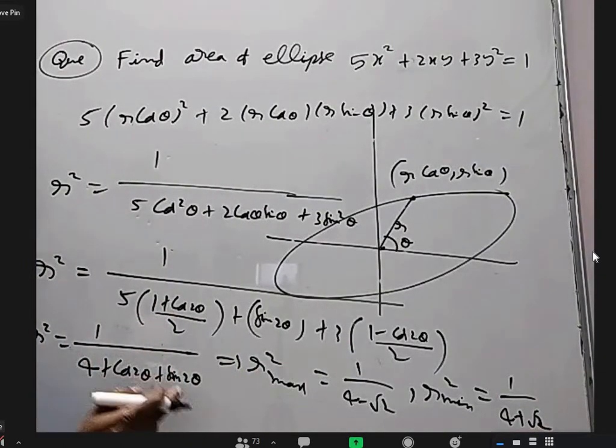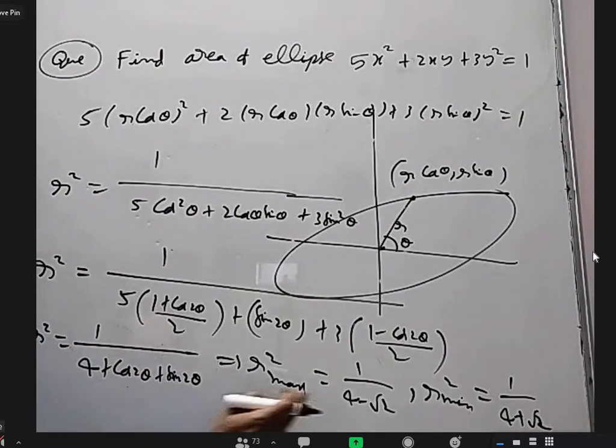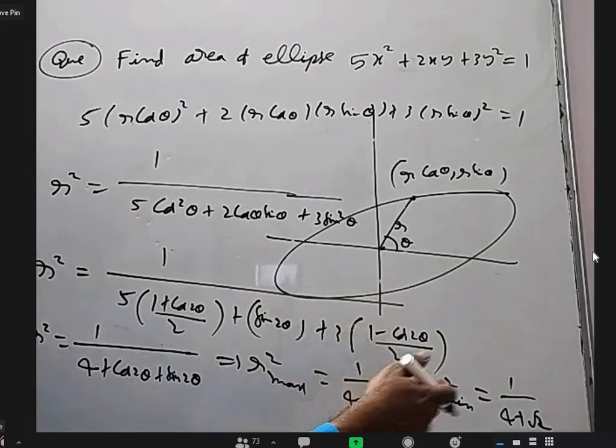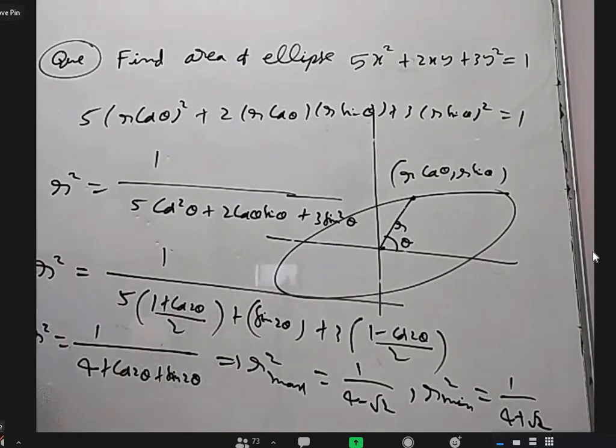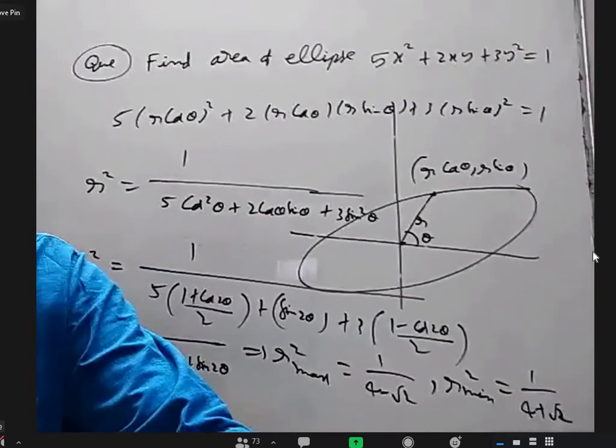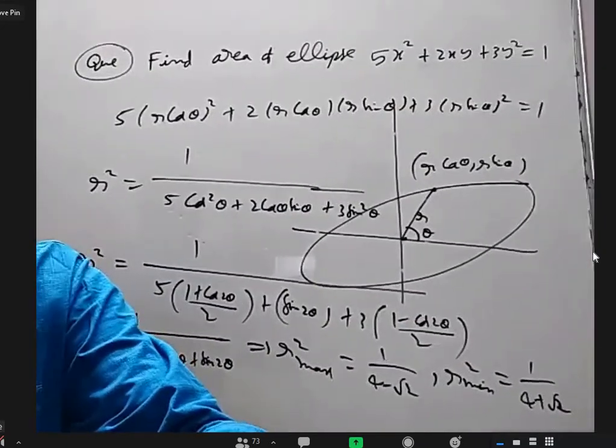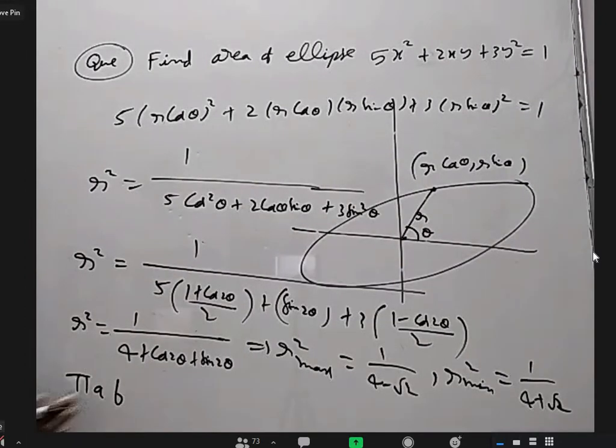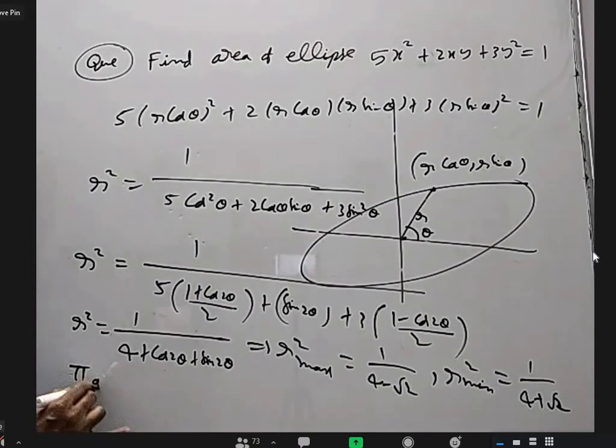This is a cos theta, this is b sin theta, this is plus c. Maximum value is c plus root a square plus b square, minimum is c minus root a square plus b square. So now take the reverse of that. Pi AB is the area. So area is pi AB.